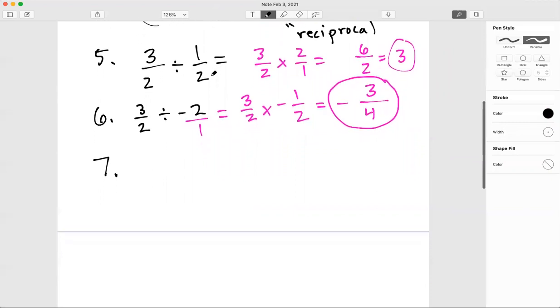One more. Okay, how about -3/2 divided by -2? Actually, let's just go -3, just to make things interesting.